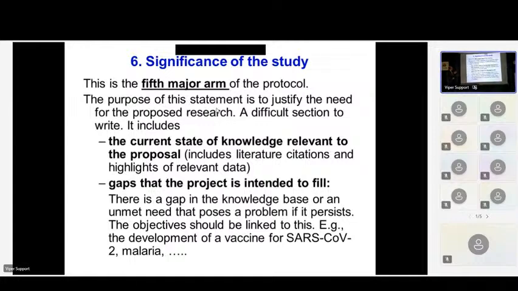I know it is very difficult. It is the current state of knowledge relevant to the proposal: what has been done, what has not been done. Such things have been done. However, this particular work has not been done. We know that malaria exists, smallpox exists, monkeypox recently exists, but however, there is no treatment.